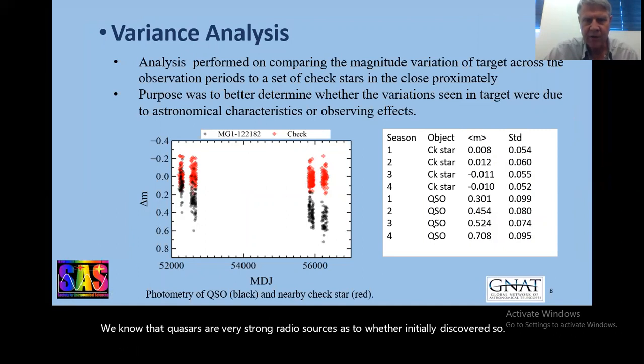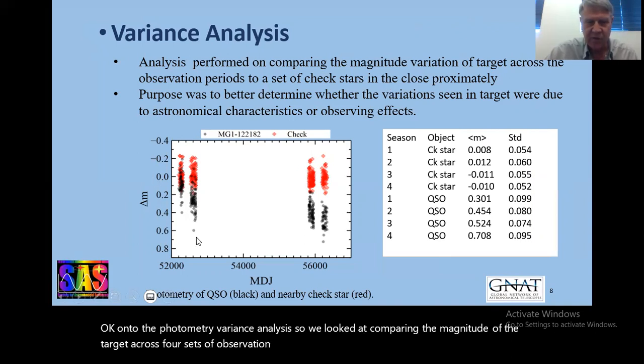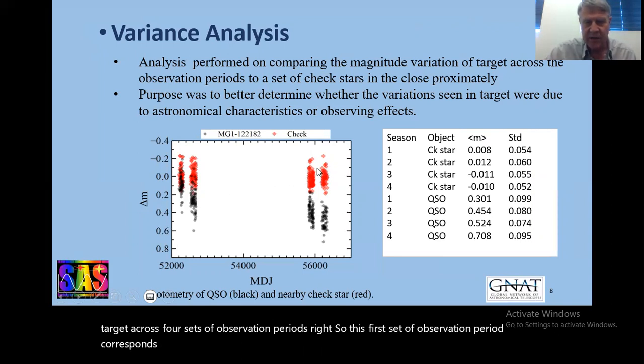On to the photometry variance analysis. We compared the magnitude of the target across 4 sets of observation periods. The first set corresponds to the MG1 catalog. The second 2 sets of observation periods, or series as we call them in the paper, are from MG6. So MG1 over here, MG6 over here.